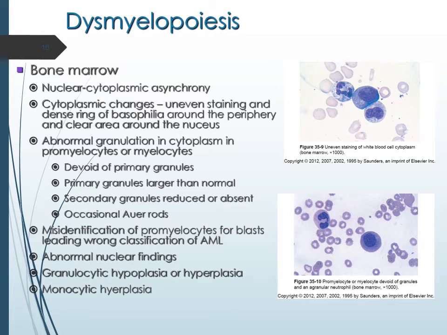The cells on the right are showing you the cells in the bone marrow. You see uneven staining, such as a dense ring of basophilia around the periphery, in the picture on the left top. You might see areas where some parts of the cytoplasm remain stained normally.